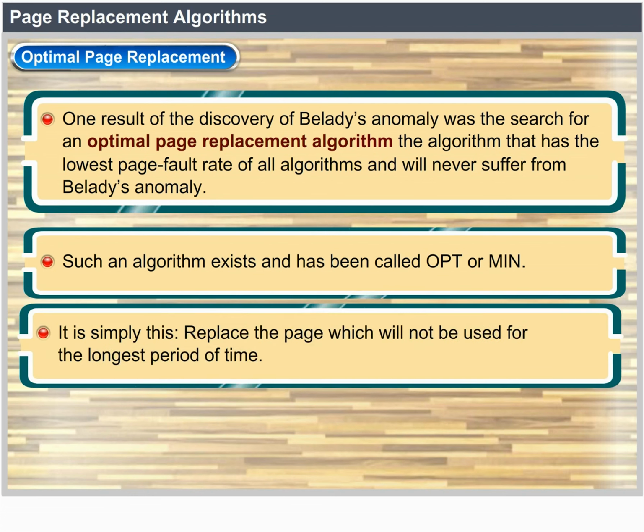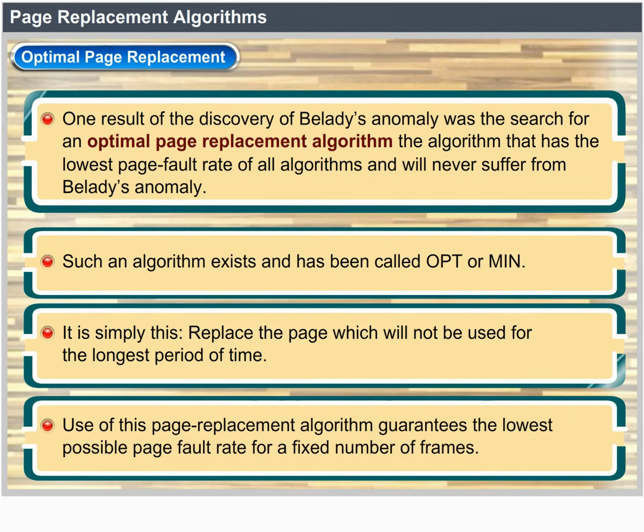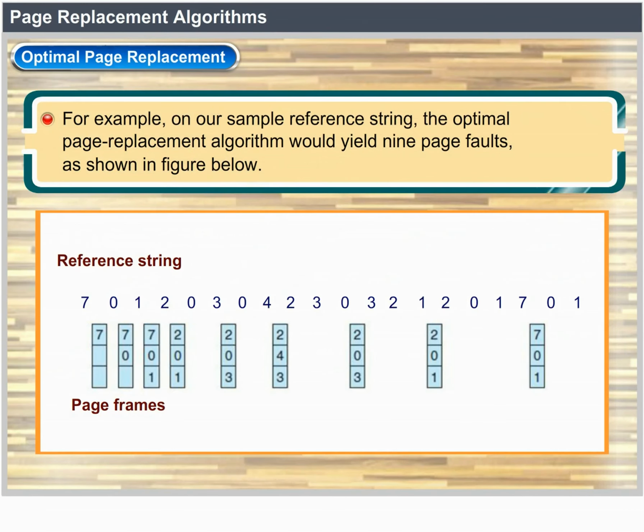It is simply this: replace the page that will not be used for the longest period of time. Use of this page replacement algorithm guarantees the lowest possible page fault rate for a fixed number of frames. For example, on our sample reference string, the optimal page replacement algorithm would yield 9 page faults as shown in figure below.